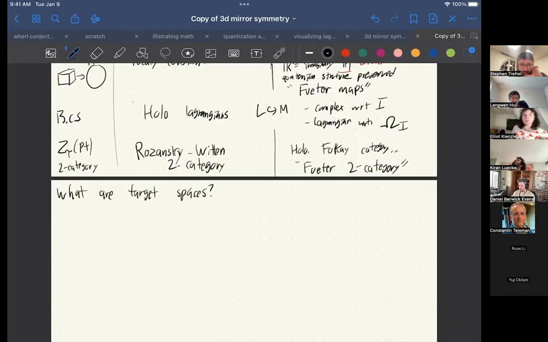Now, to understand this, we're going to have to think a little bit more about the physics underlying things. I guess what I want to say is that we want to be able to define some spaces, which I'll call MH and MC, living in the A and the B twist respectively.